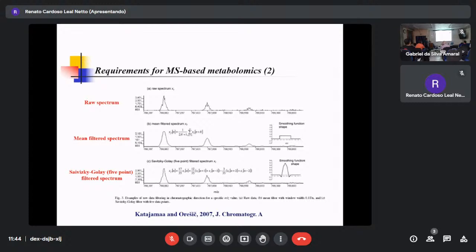But this one peak contains several signals. So if you have a very strong filtering system like this one, then you will lose the information. I cannot say which one is better or not. Any kind of algorithm or processing data, if you have a very strong algorithm, nice, looks beautiful, but probably you will lose the information. That was the point.